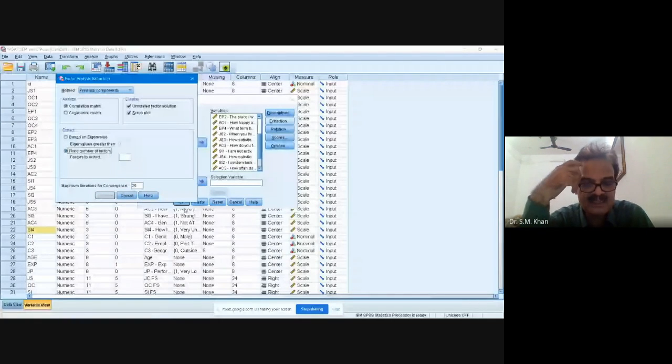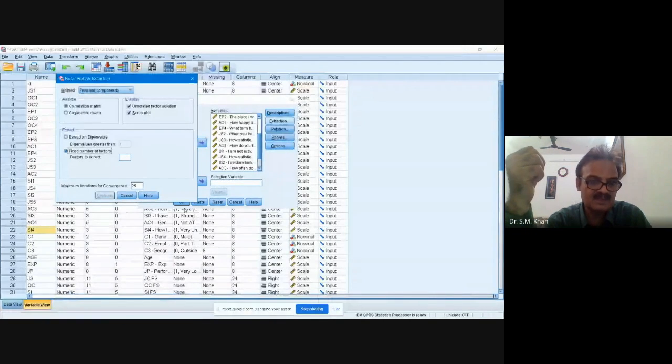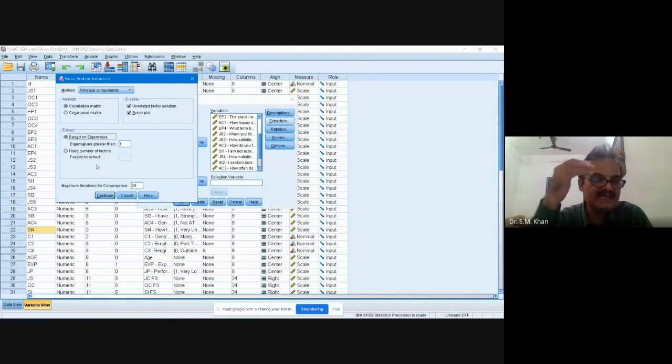One of the participants suggested that on the basis of theory, this many factors are sufficient to explain a large amount of variance into the variable under measurement. Okay, but we will go by default. Let it decide how many factors are significant or important to make an inference about employee retention. So eigenvalue by default has to be greater than 1.